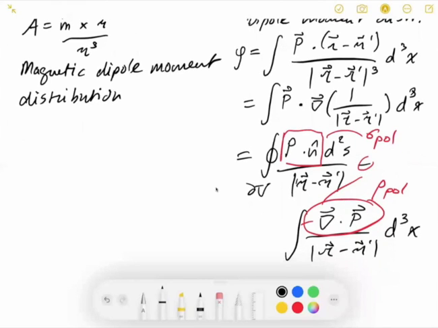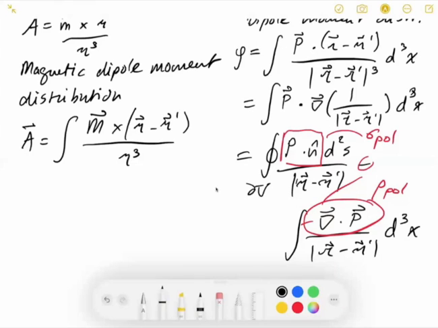and then that means that we need to write our vector potential as the integral of that magnetic dipole moment density, which we're going to call M. So that's our M field, and then we need to cross that with R minus R prime over R cubed. And now we're going to do the same thing.